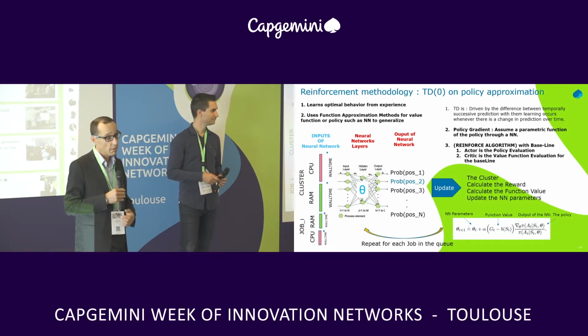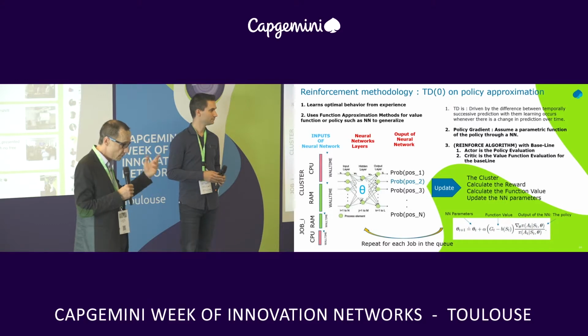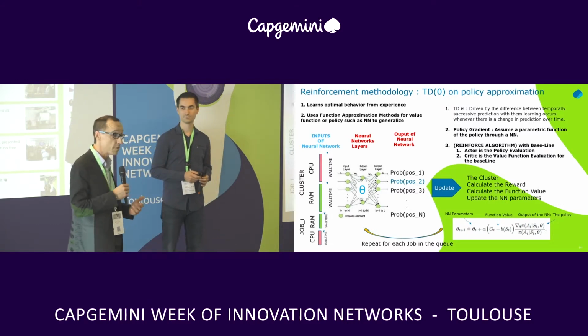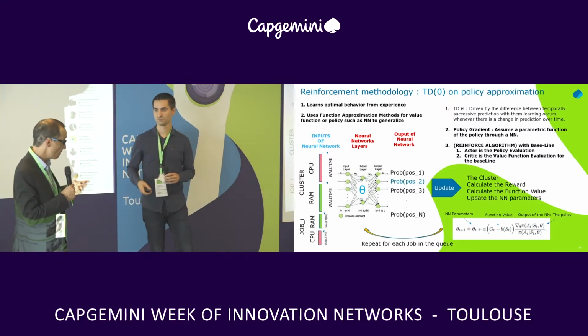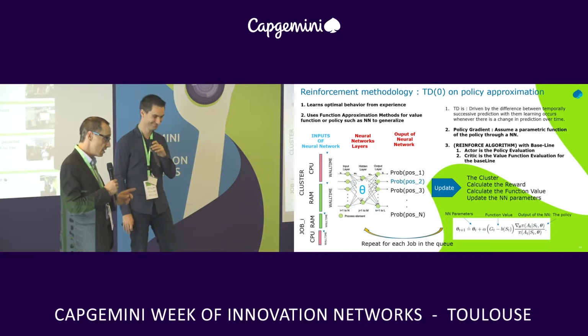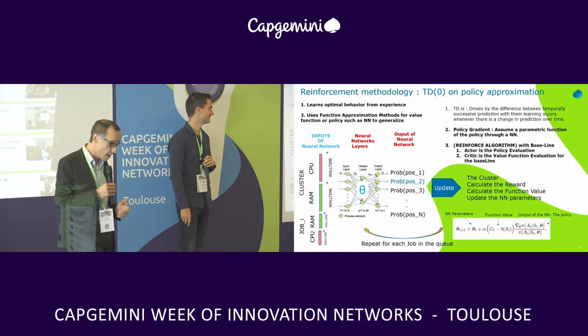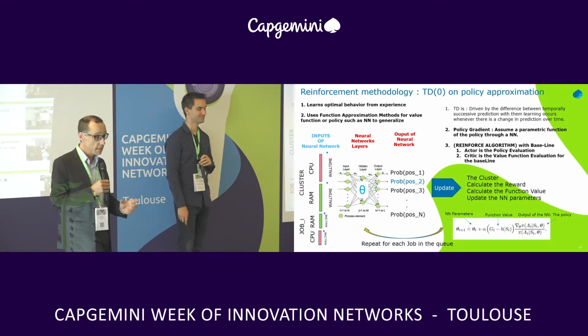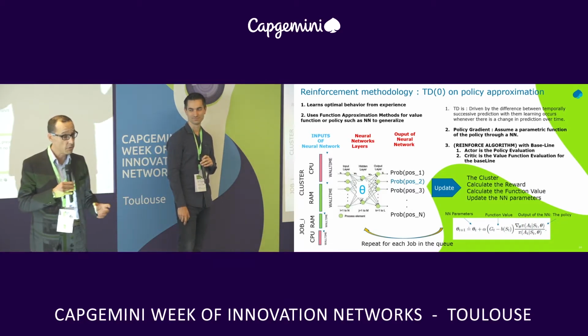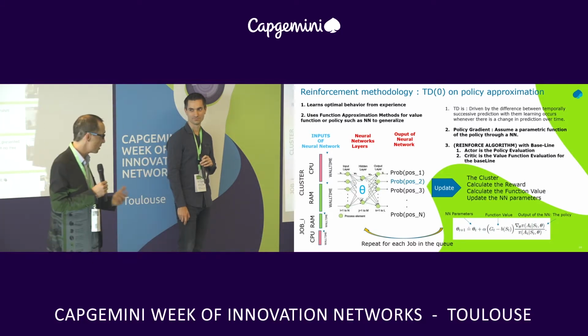Maybe also in 1992, IBM used it to create a backgammon player. And also NASA used it in order to optimize the repair scheduling between two shuttle launches. So it's something that has been used.